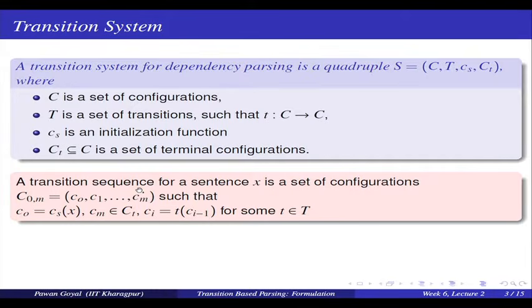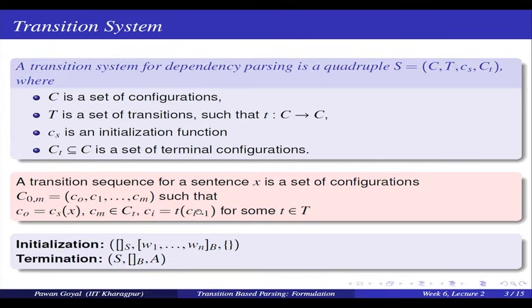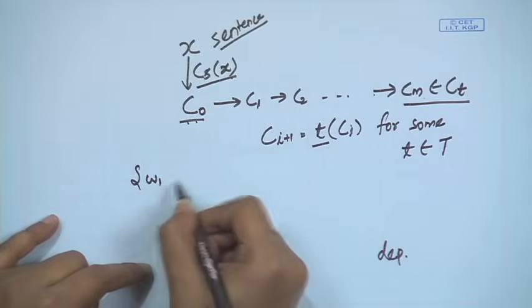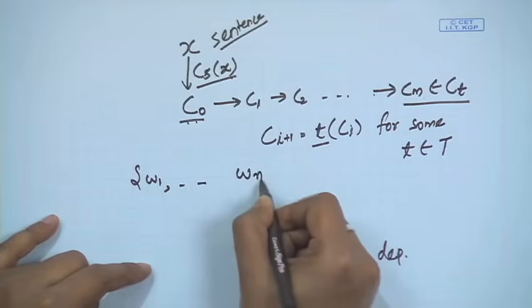Now, as per the transition system that we have defined, what will be the initialization? Initialization will be simple. I have to define what is my stack, what is my buffer, and what are my arcs, because I am starting with a sentence W1 to Wn.